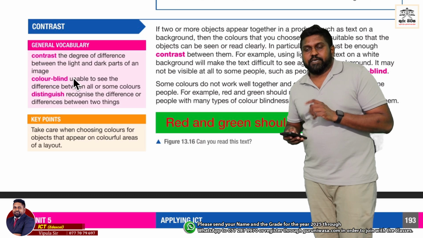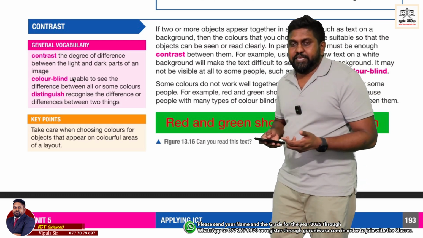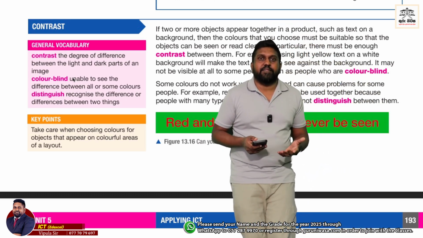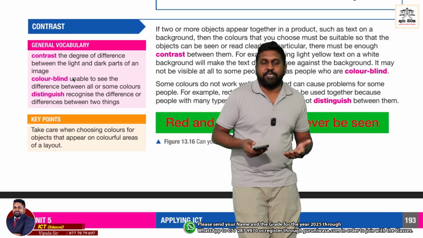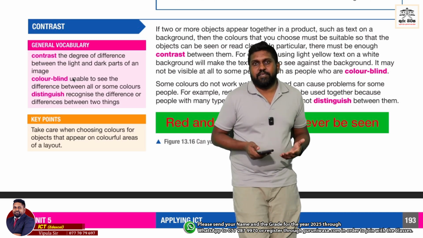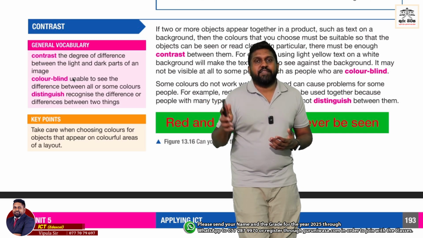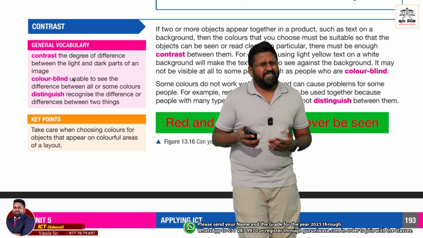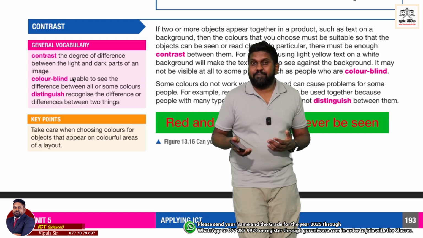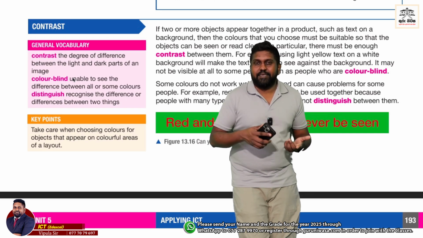Color blindness is actually a condition where people cannot see some colors. Some people can see red as green, yellow as green, blue as red, and so on.